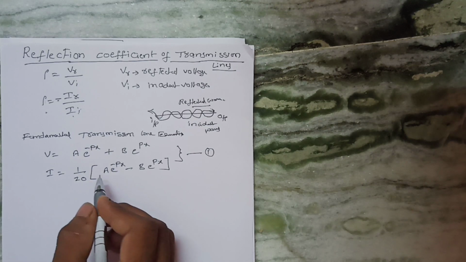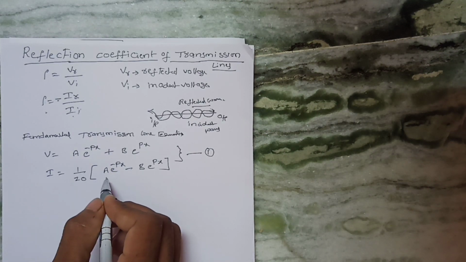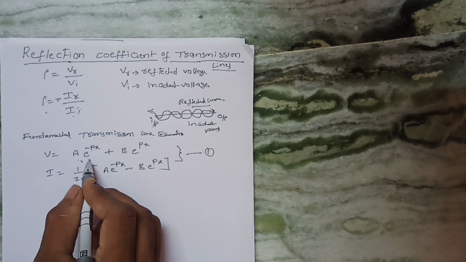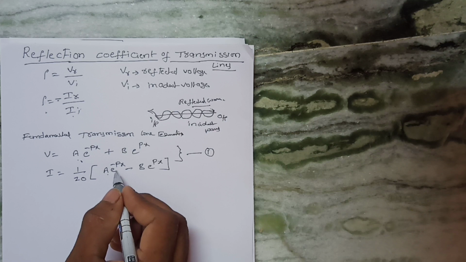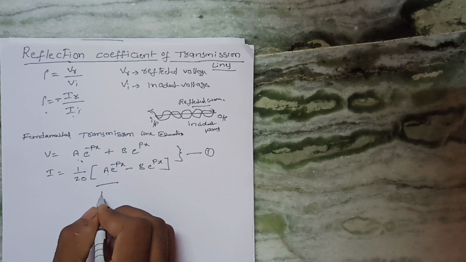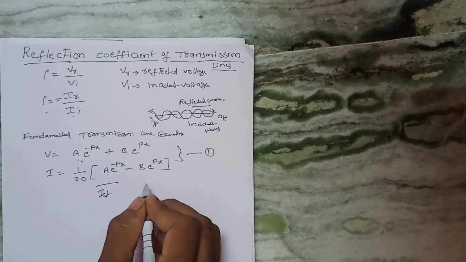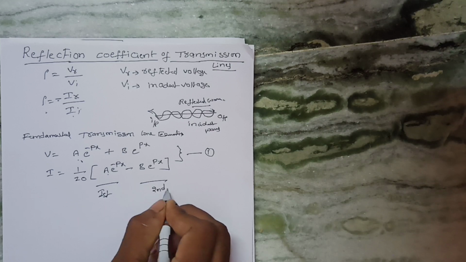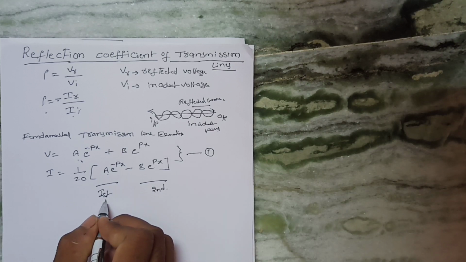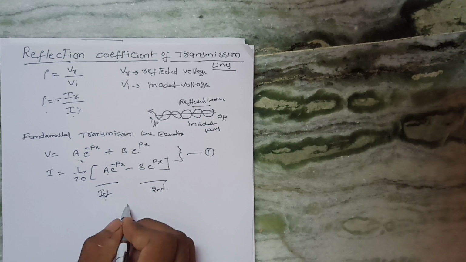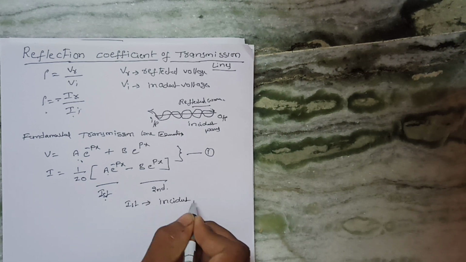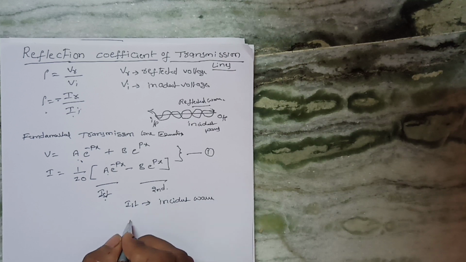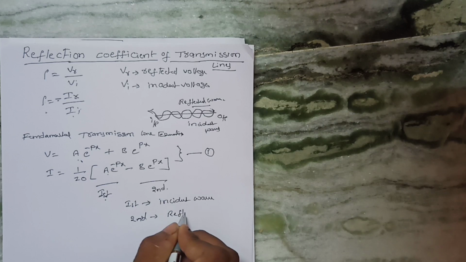In these equations, A into exponential minus Px and A by Z naught exponential minus Px are the first terms, and the others are the second terms. The first term indicates the incident wave and the second term indicates the reflected wave.